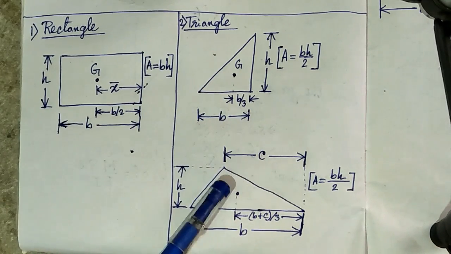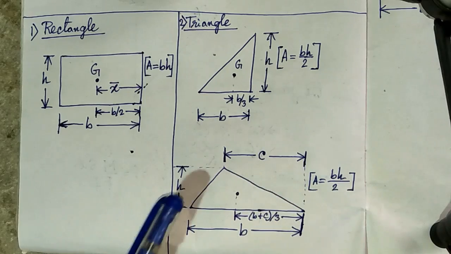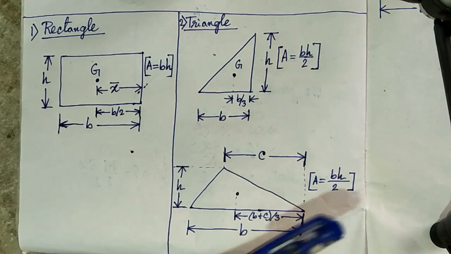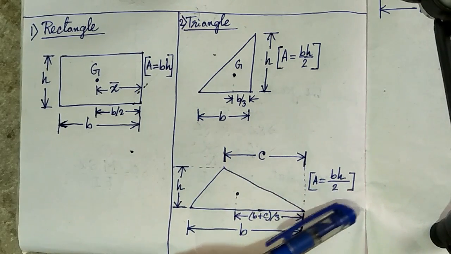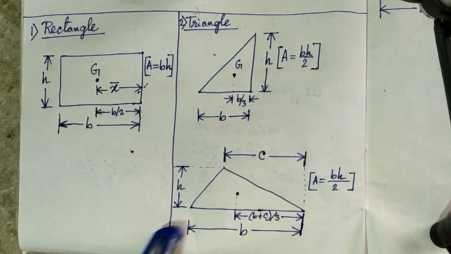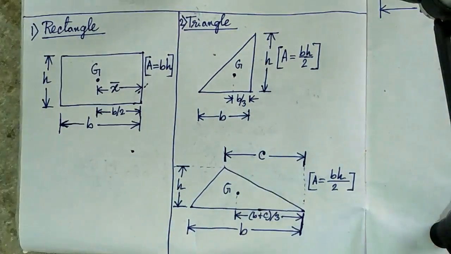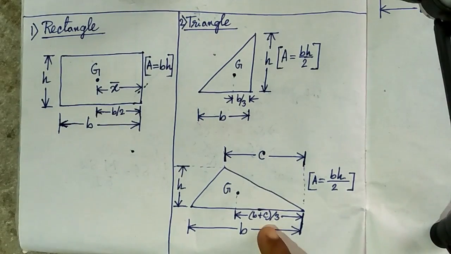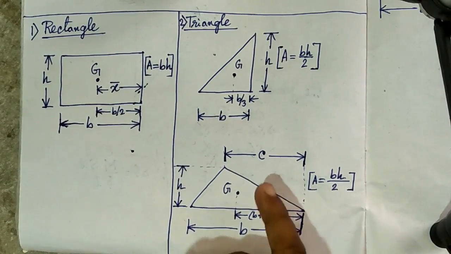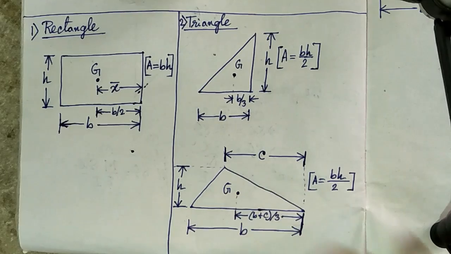For this other kind of triangle, height h, base b, the area is the same, bh by 2, but the CG is situated at a distance b plus c by 3, where this distance is c.